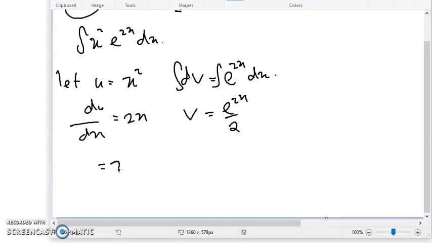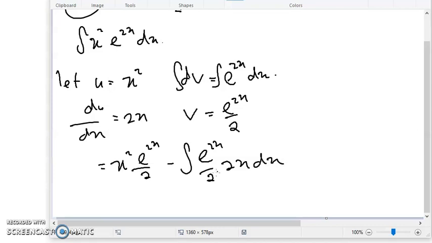So uv will be x squared e power of 2x over 2 minus integral of v du, which is e power of 2x over 2, and your du here will be equal to 2x dx, right? As for this one, you can simplify this part. So we'll be having x squared e power of 2x over 2 minus integral of e power of 2x x dx.